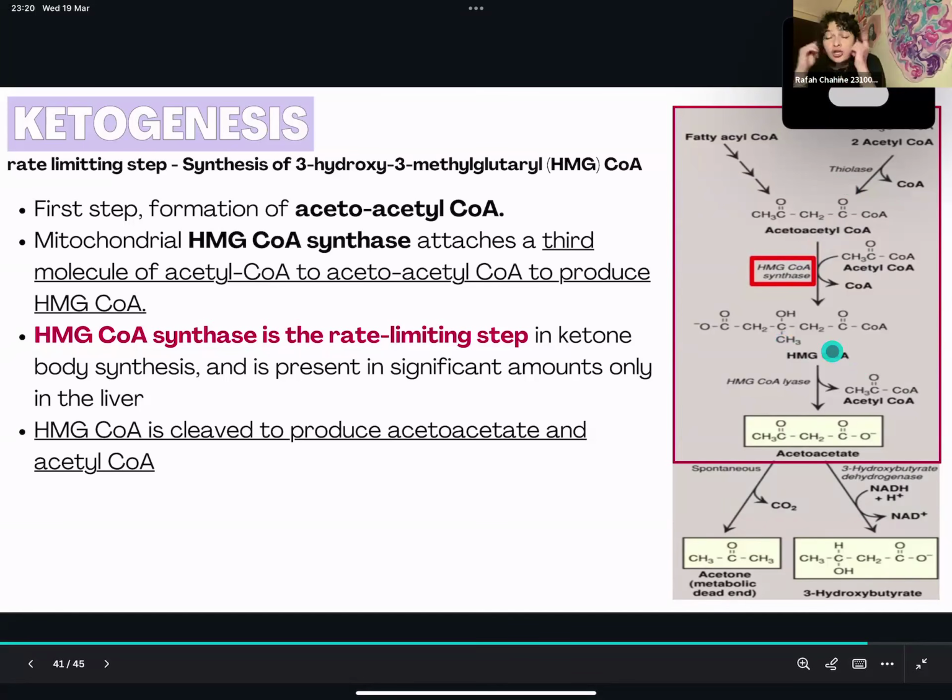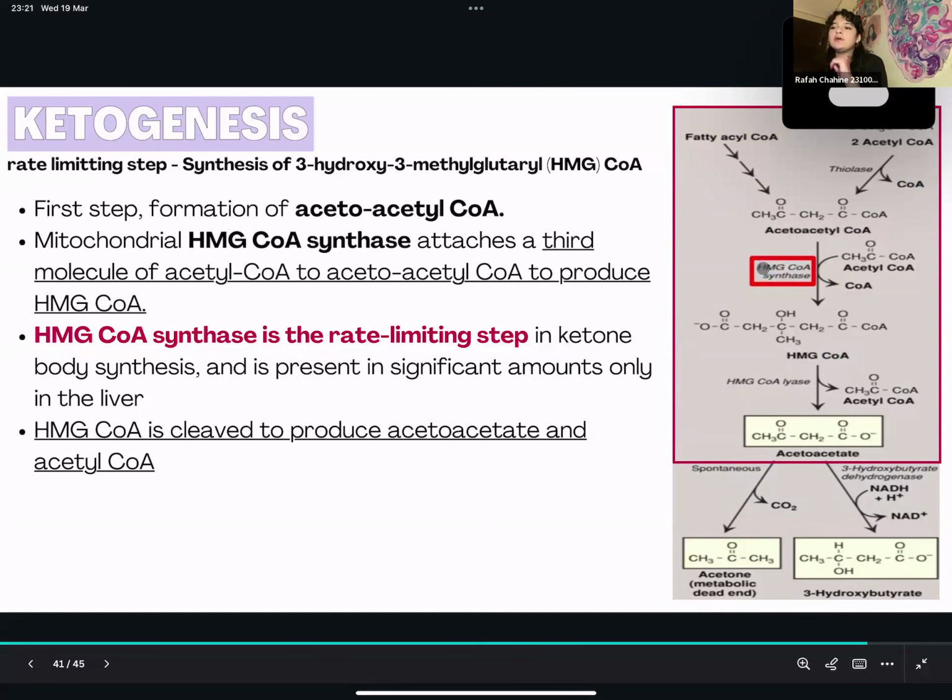So logically and technically speaking, this is basically 3 acetyl-CoA molecules together, okay? This one is a CoA that got kicked out for some reason, but we can just summarize and say that this is 3 acetyl-CoA molecules together. So this is what makes up the rate-limiting step with the rate-limiting enzyme of ketogenesis.